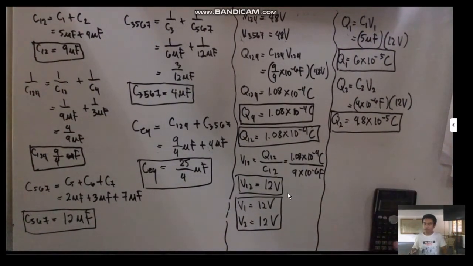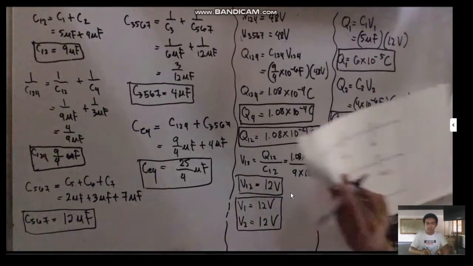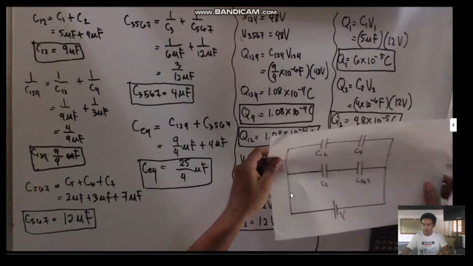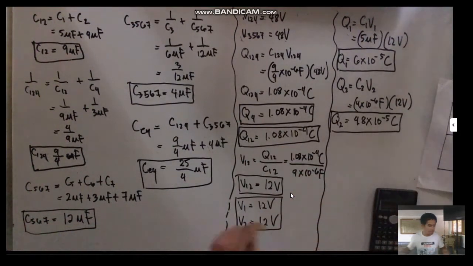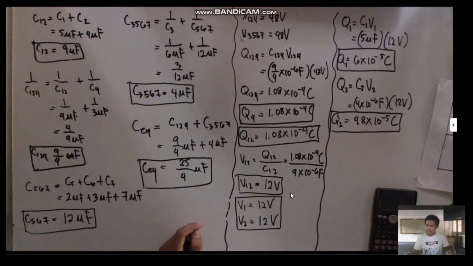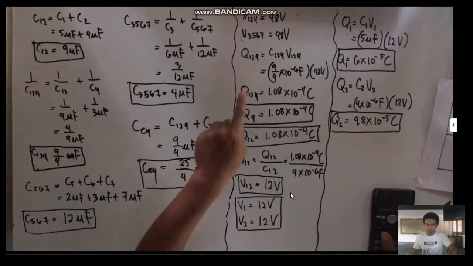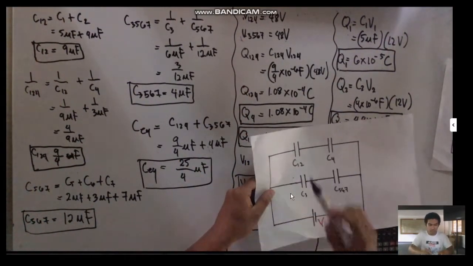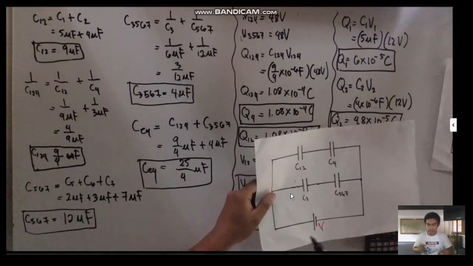Alright, so we have Q1, Q2, and Q4. How about Q3? We don't have Q3, but we have V3567.